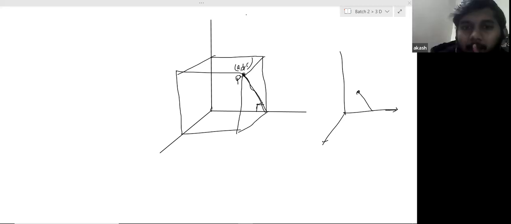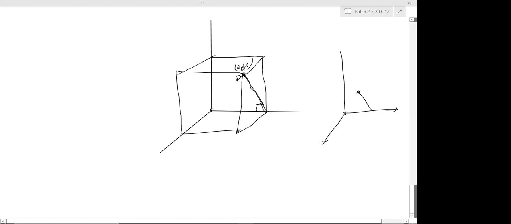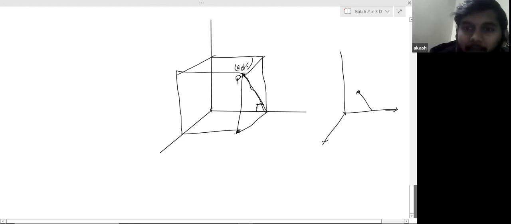No, no. Which axis are you talking about? See, in the plane, yes, D, E, F are the coordinates, but in the axis, these will be the coordinates. See, if you have a line and a point, the perpendicular is this.